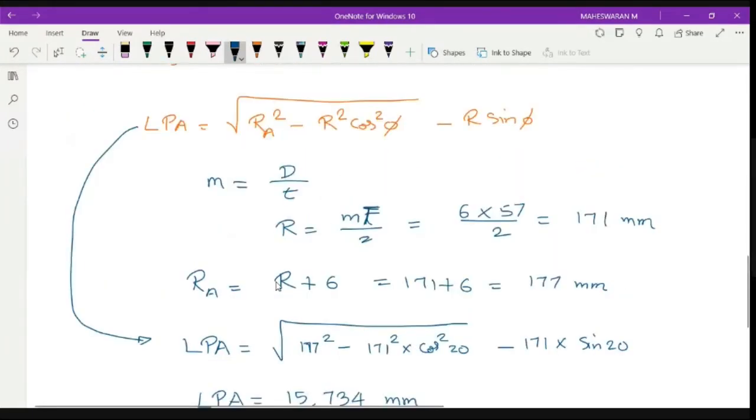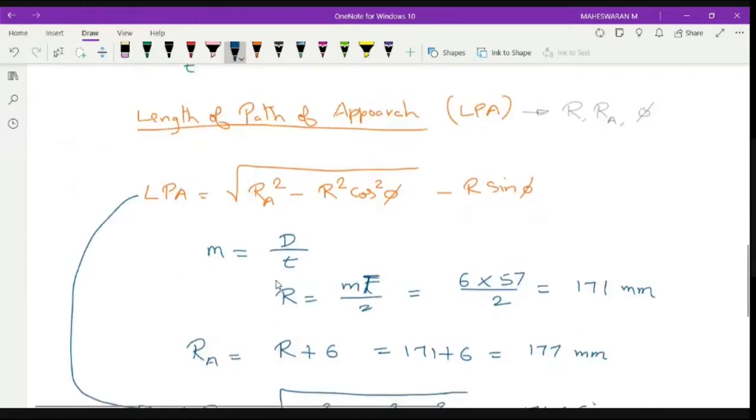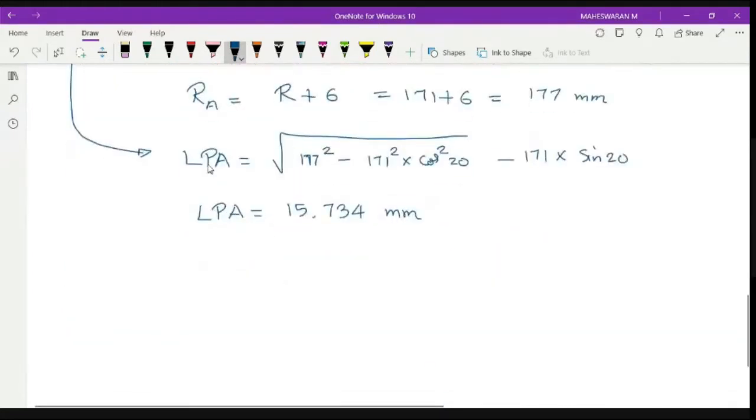The procedure is the same. Let us identify the length of path of recess. So let me proceed with the length of path of recess.